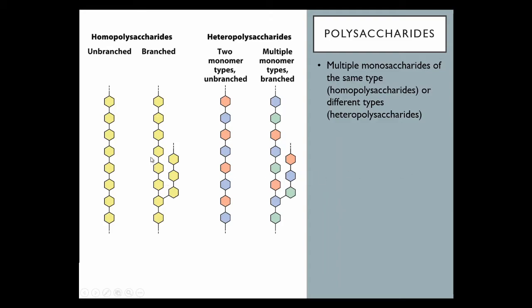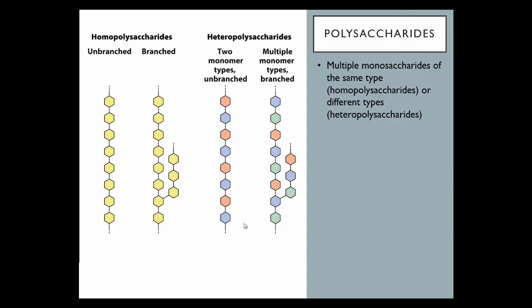They can either be all made of the same monosaccharide, in which case they would be homopolysaccharides. So these are homopolysaccharides here. Every one of these little residues is exactly the same monosaccharide. Or they can be heteropolysaccharides, in which case the monosaccharides that make up the polysaccharide can be different.